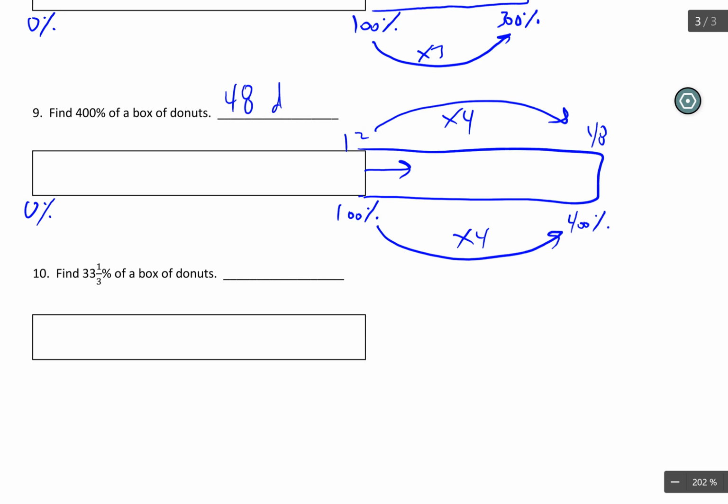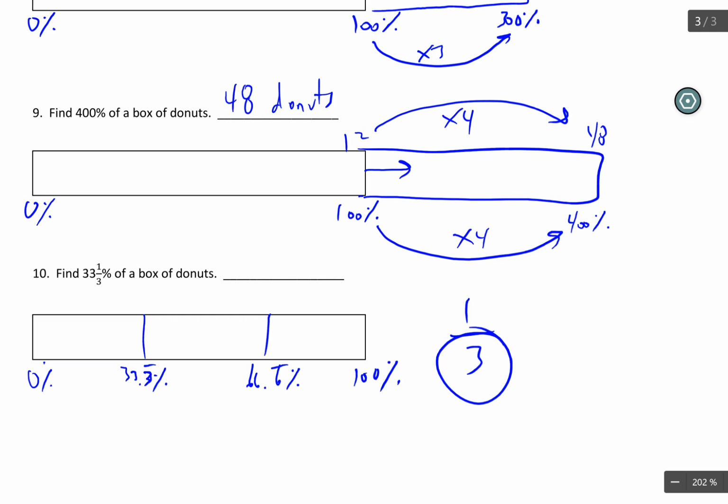And then 33 1/3%. Well, that's the same as 1/3. If I wanted to write 33 1/3% as a fraction, that's 1/3. I need to cut my box into 3 pieces. There's 0%, 33.3 repeating percent, 66.6 repeating percent, and my 100%.